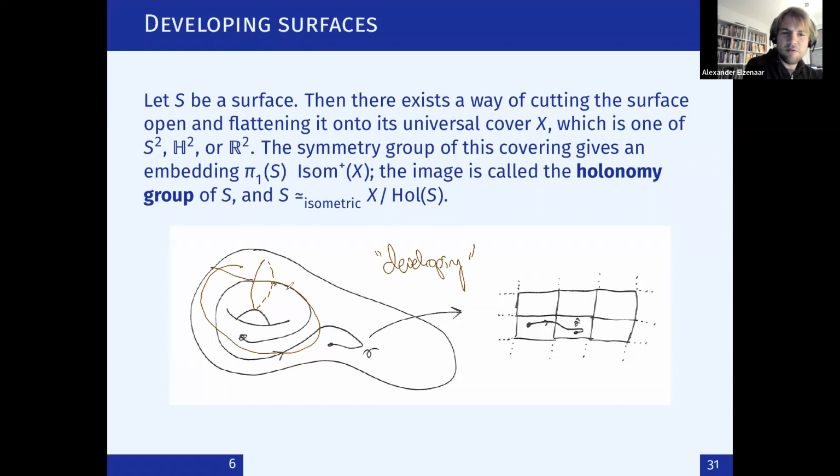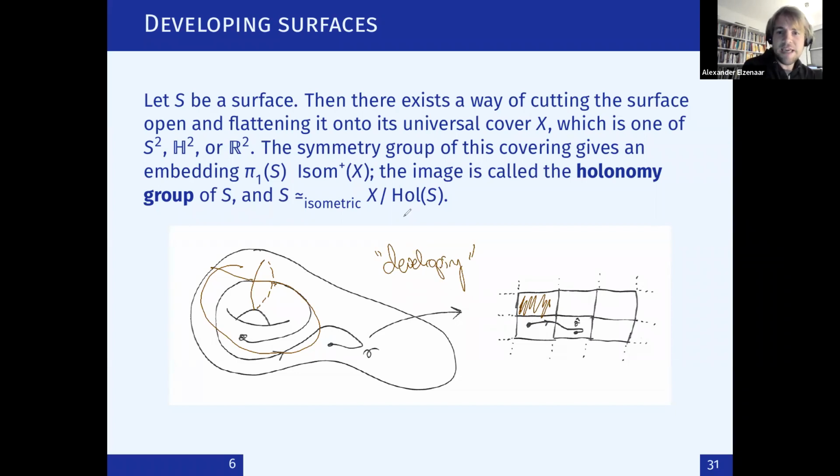And when you do this, you lift paths. So here's a path here with distinct endpoints. This lifts after you develop to this cover, which is one individual copy of the surface after it's been unwrapped. So what we're doing is we're really just constructing the universal cover, but we're constructing the universal cover in such a way that we're preserving the intrinsic geometry of the surface.